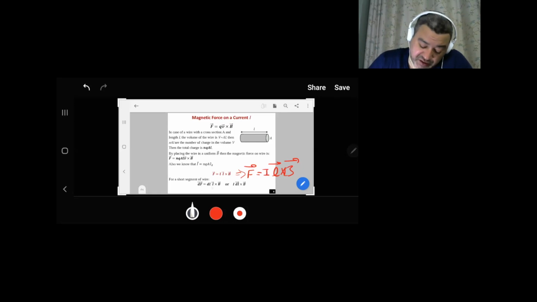So in this case, the differential dF vector equals I dl vector cross B vector. This becomes the equation that we should be using later on.